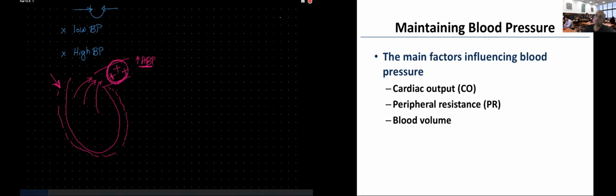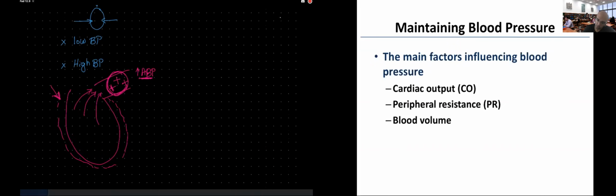Another thing that high blood pressure is going to cause: extra fluids will be reaching my cells, and this can actually harm my capillaries, causing them to become fibrosed.